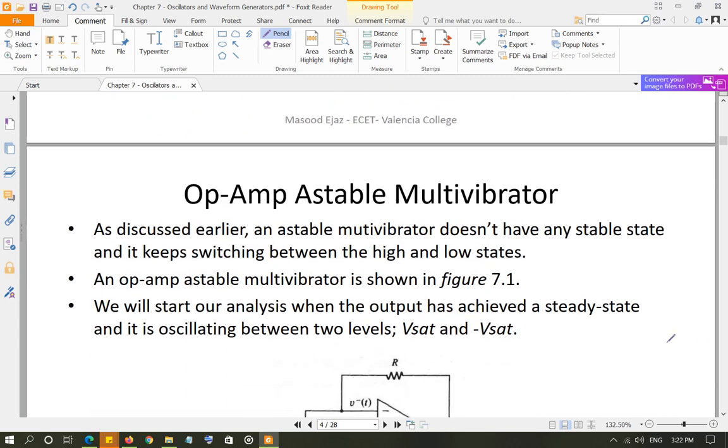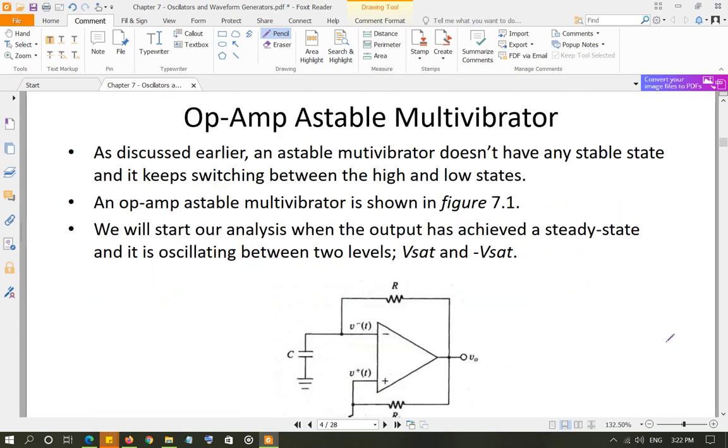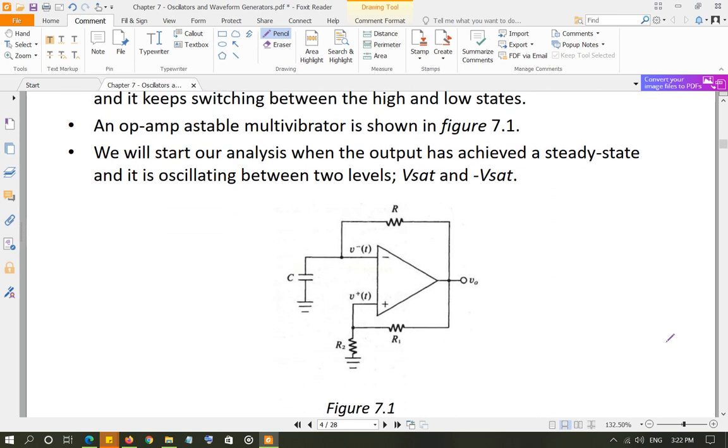So first we're going to look at the basic idea behind an operational amplifier astable multivibrator. Look at this circuit. All the multivibrators and oscillators generally have positive feedback. That is, the feedback from the output goes to the non-inverting input terminal. As you saw in the comparator circuits as well, we used to have positive feedback.